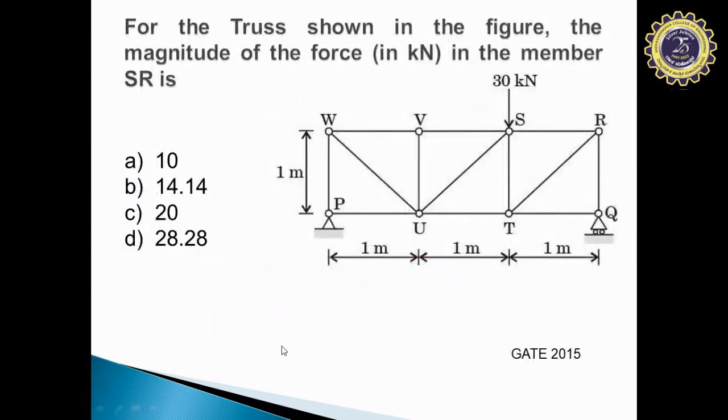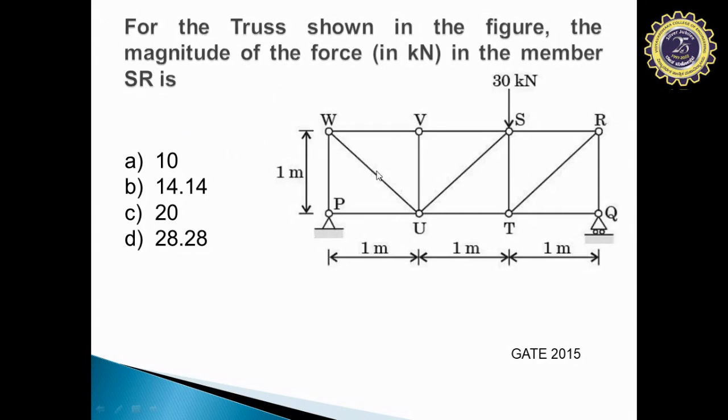Now going to the first question, let us move on. For the truss shown in the figure, the magnitude of the force in kilonewton in the member SR is dash. Now this question was asked in 2015 in GATE, and look at this truss.